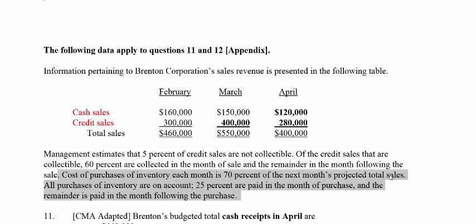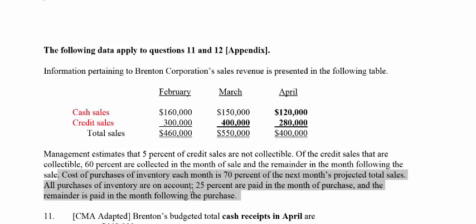They're asking us on number 12 to do March's information. April's sales are projected to be a total of 400,000, and 70% of sales is equal to the cost of purchases. So 400,000 times 0.7. All purchases of the inventory are on account, so everything is going to get put on accounts payable.